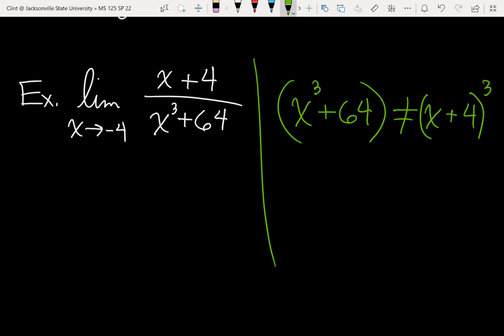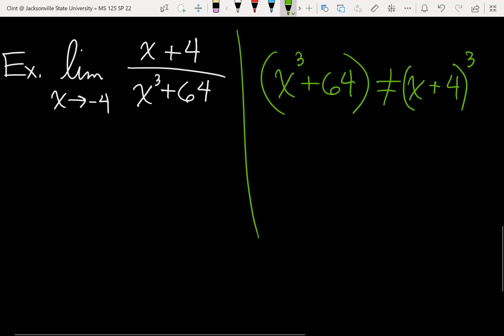We do have a pattern we can use though. So this situation we would call the sum of two cubes. It may or may not ring a bell depending on who you had for algebra, how the semester went. But we do have a pattern.